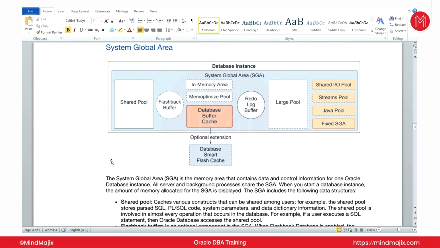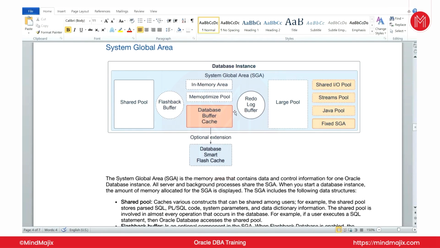You will bring down the instance. When the instance is brought down, your memory will be deallocated. So whatever memory is allocated to the SGA, to the shared pool and all other components, it will be deallocated. And next time when you bring up the database, it will be all empty. It is not written into any file, it is kept in the memory.